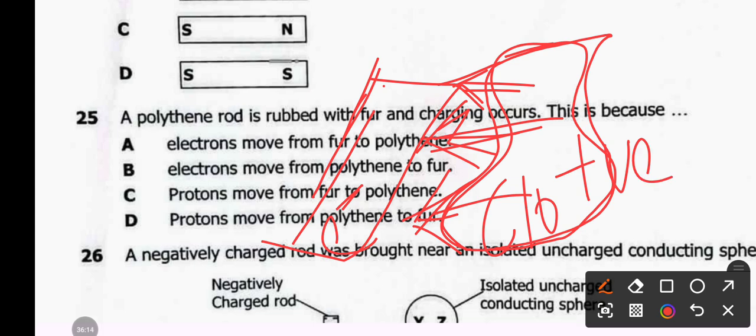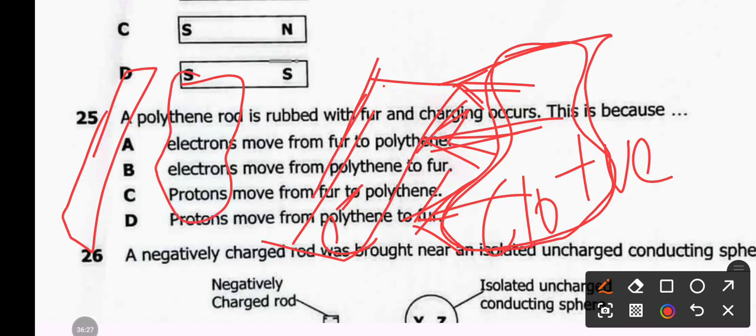Another typical example of charging by friction that you might be given is when you rub a perspex rod with a piece of cloth. In the case of a perspex rod, it's actually the opposite that occurs.